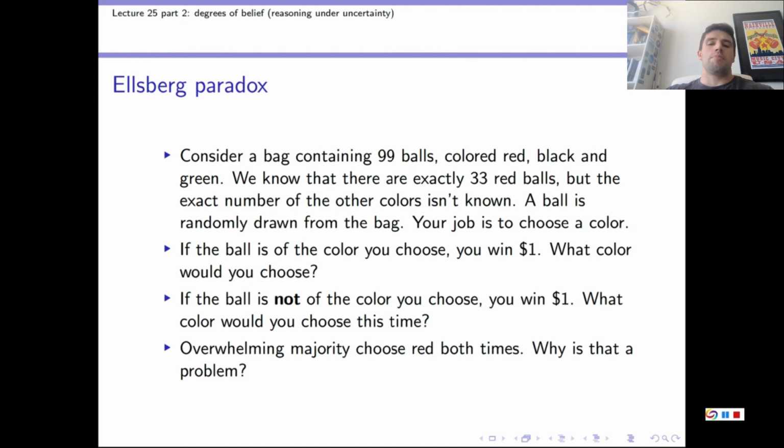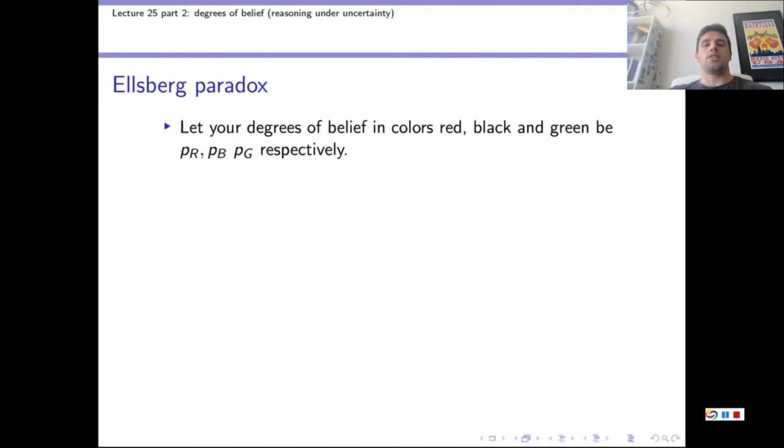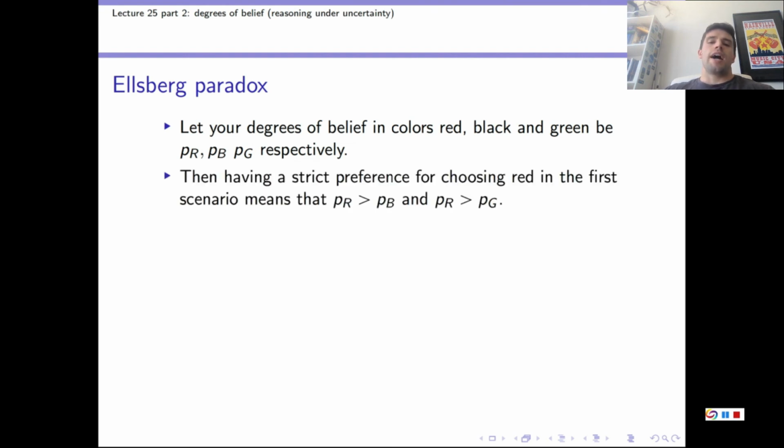So let's examine what's problematic about this. If your degrees of belief in colours red, black and green are P(R), P(B) and P(G) respectively, then having a strict preference for the act of betting on red in the first situation means P(R) is bigger than P(B) and P(R) is bigger than P(G).